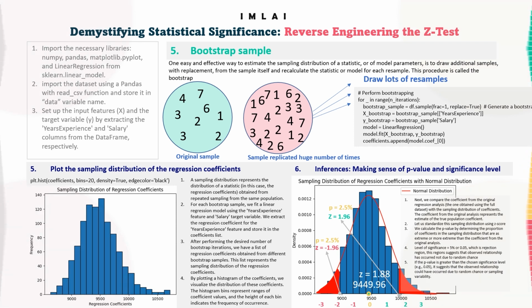If the p-value is greater than the chosen significance level, in this case 0.05, it suggests that the observed relationship could have occurred due to random chance or sampling variability.